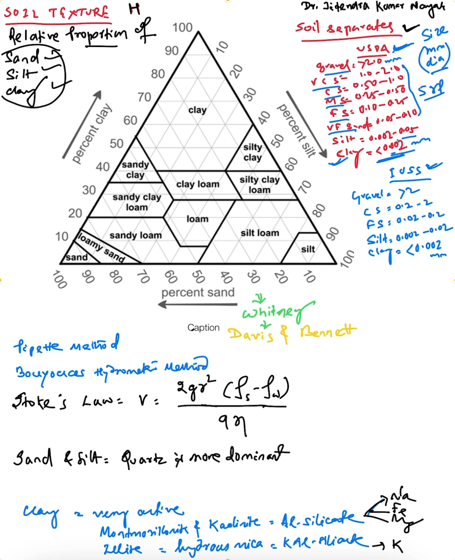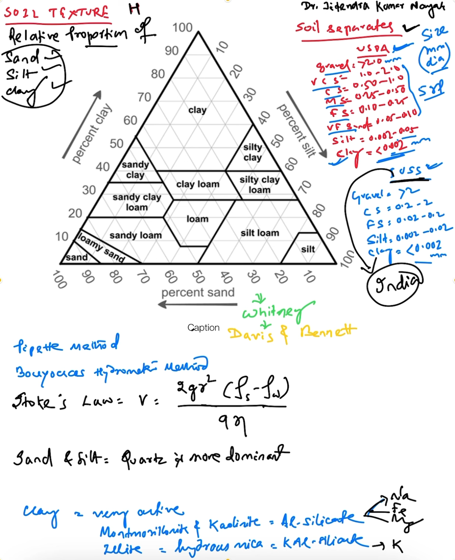Next, coming to IUSS, the International Union of Soil Science, which has classified the soil separates. It is very important, because in India we are following this classification given by the International Union of Soil Science.